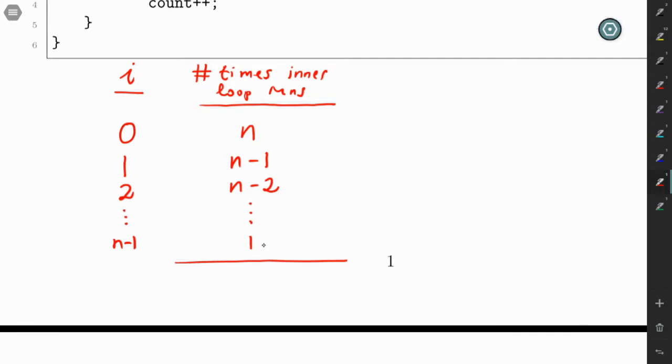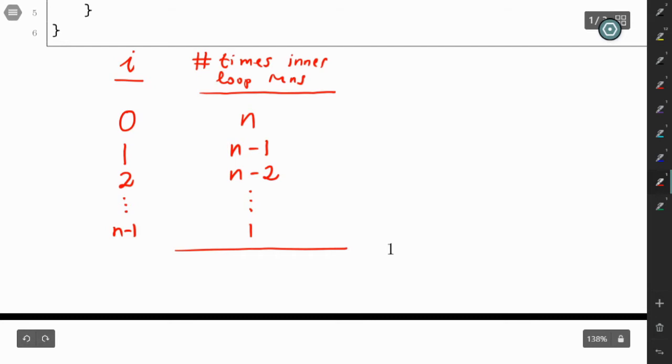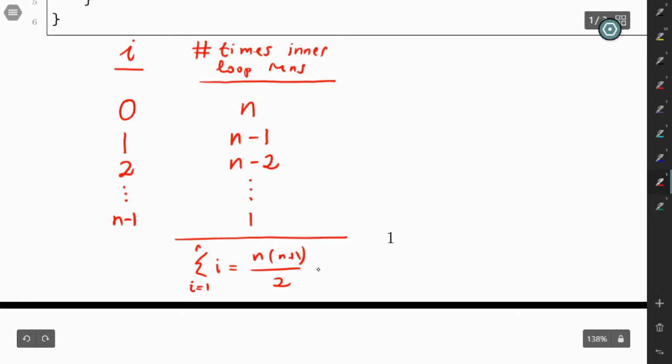And then if we tally all of this up here, we see that this is just the sum of the numbers from 1 to n. And we do have a standard well-known formula for this, which is n times n plus 1 over 2. If we were to expand this, this is going to be n squared over 2 plus n over 2.